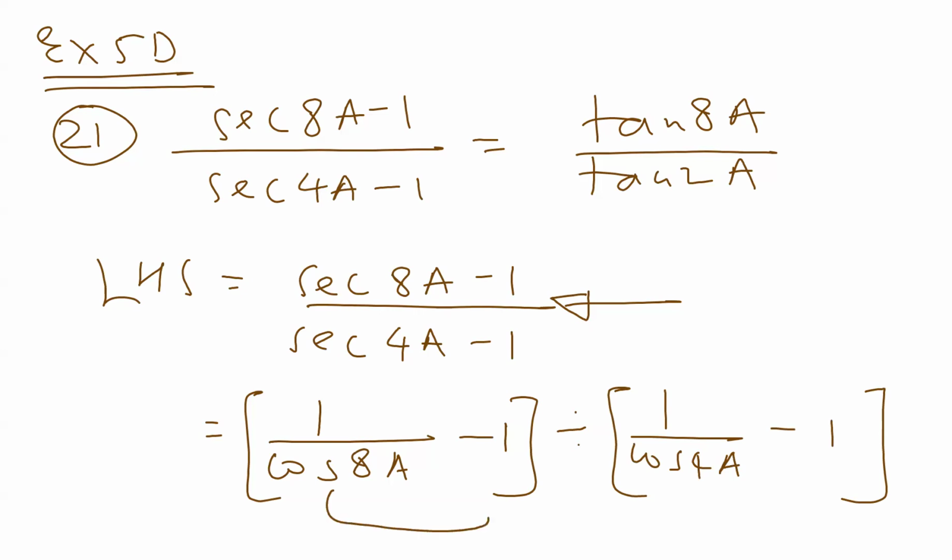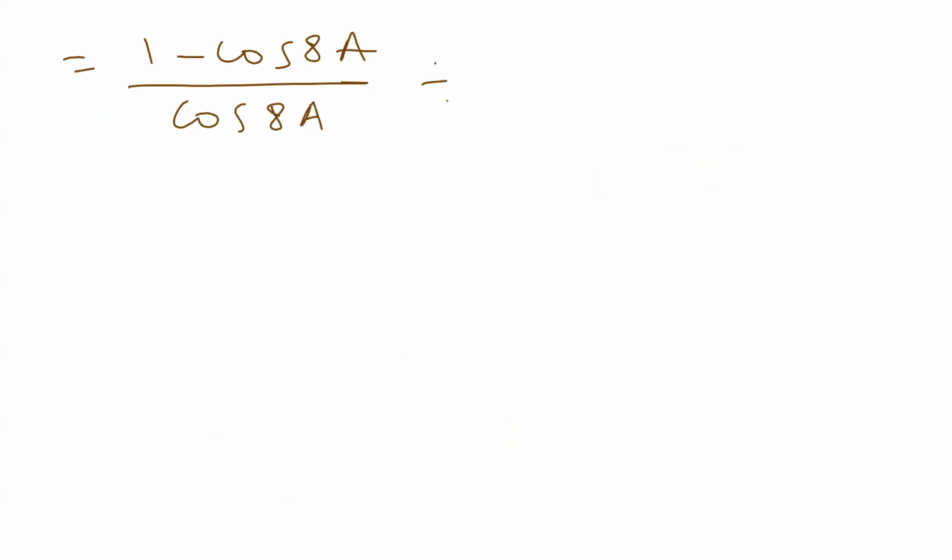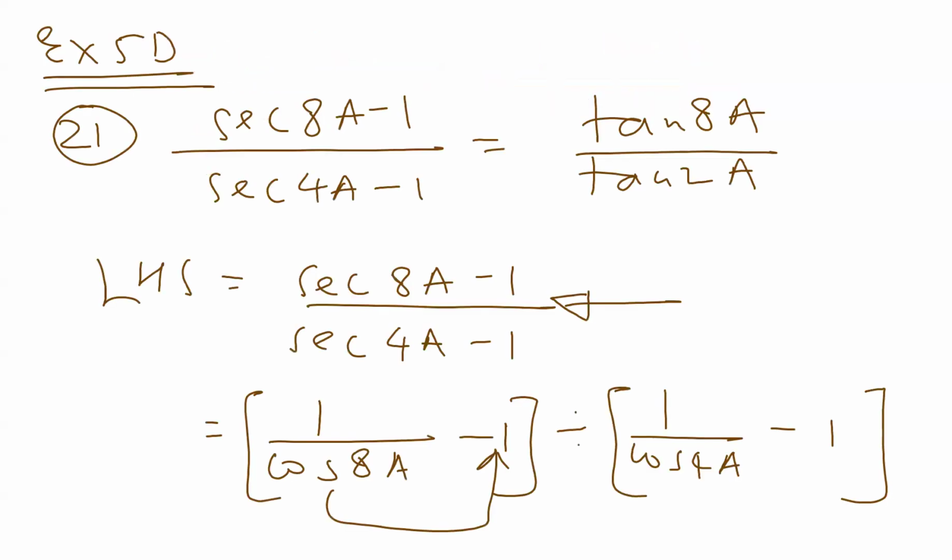Now take LCM over here: (1 minus cos 8a) upon cos 8a divided by (1 minus cos 4a) upon cos 4a. Okay, see, I've taken the LCM, right?